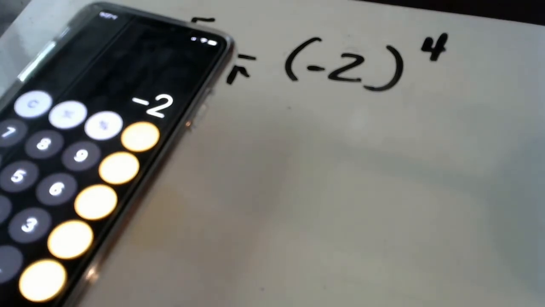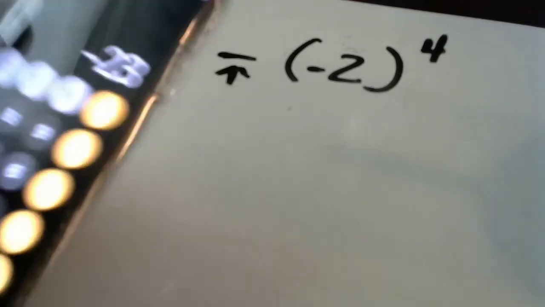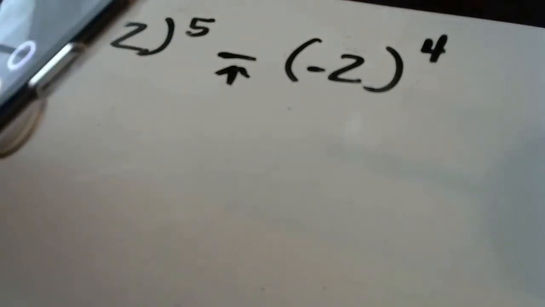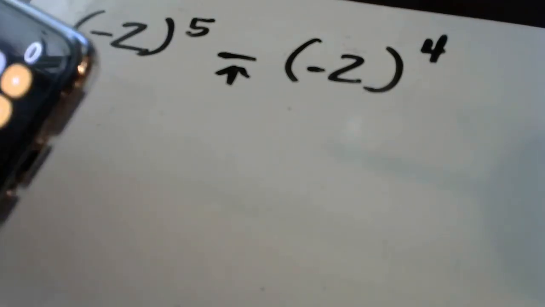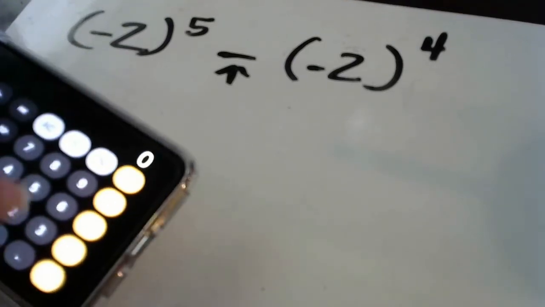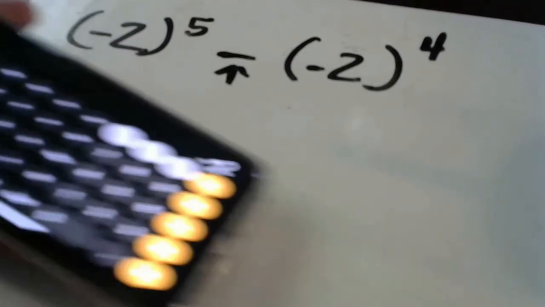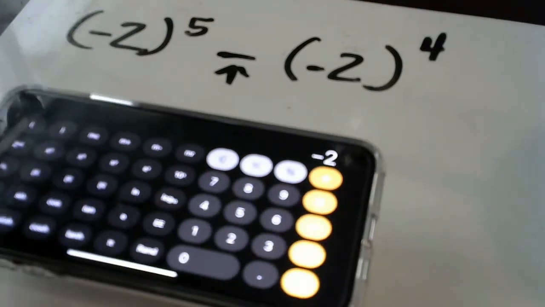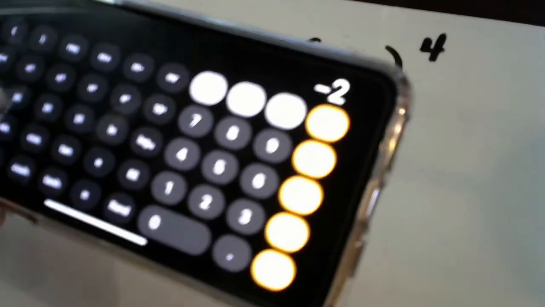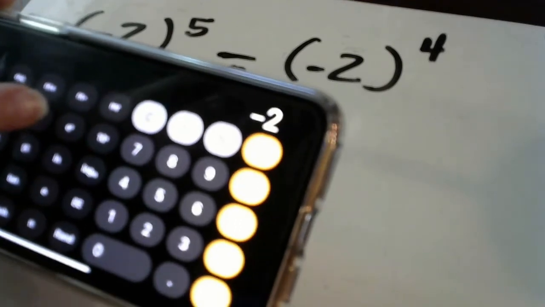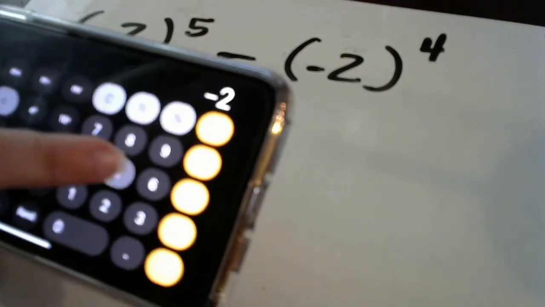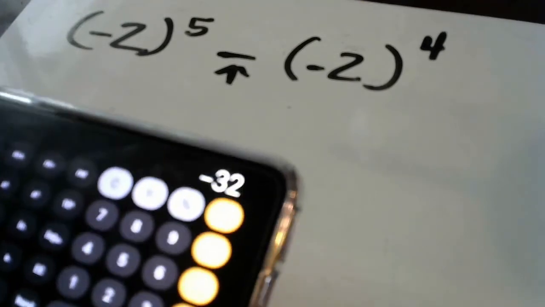Okay, -2, turn it sideways. Hope y'all can see that. And I'm going to pick this one right here, x to the y power, so I can pick my power. To the 5th power is -32.